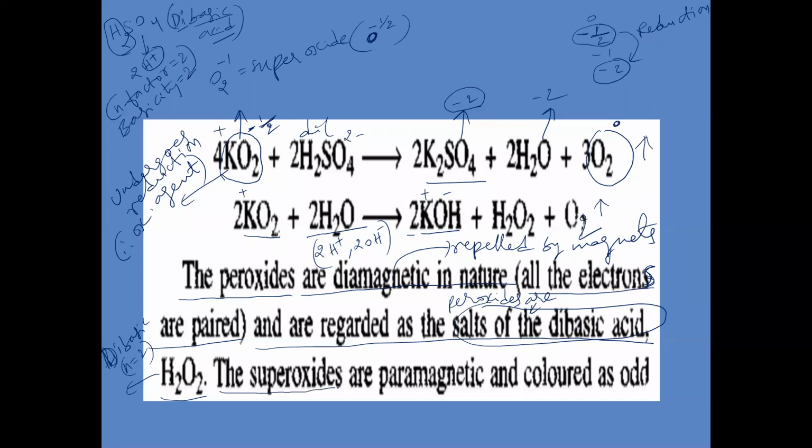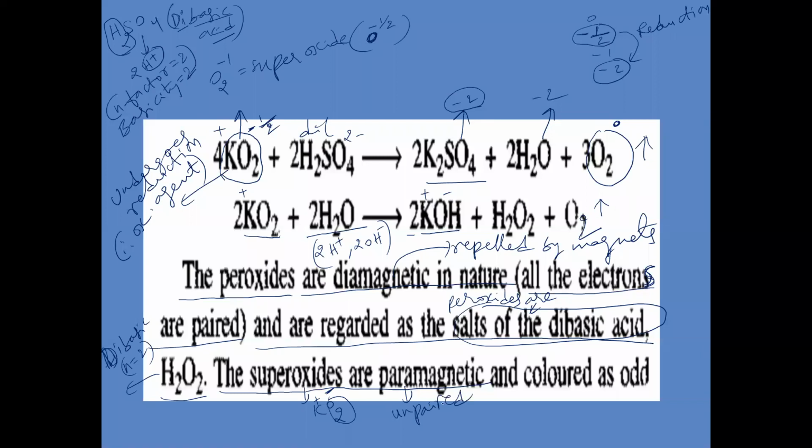Next one, the superoxides are paramagnetic. The superoxides means what? KO2. Here O2 minus 1, K plus 1. So this O2 minus 1 is the superoxide ion. The superoxides are paramagnetic. Why are they paramagnetic? Because unpaired electrons will be there.